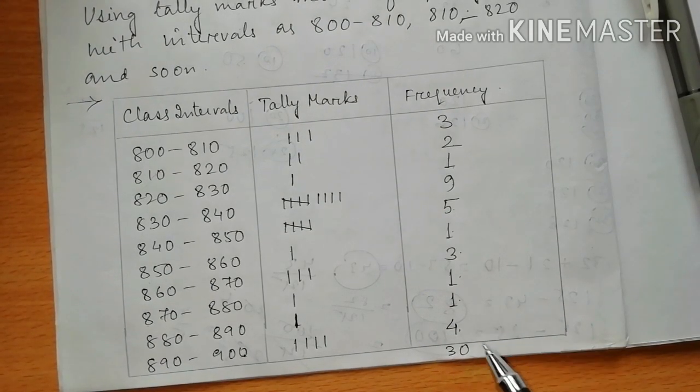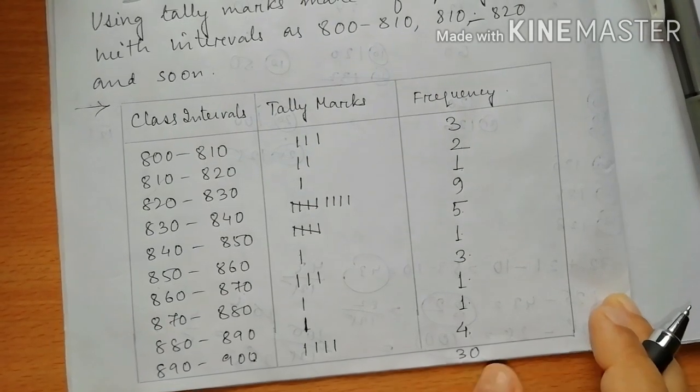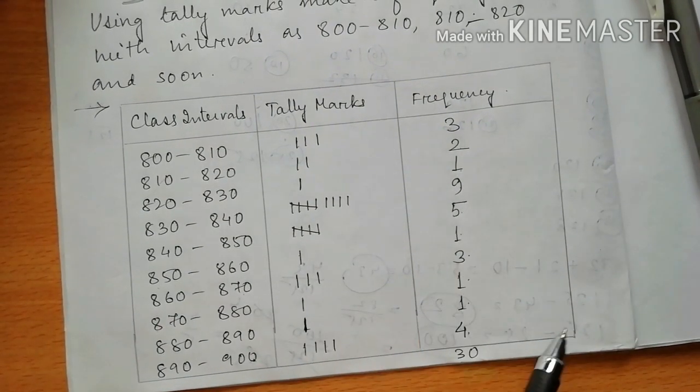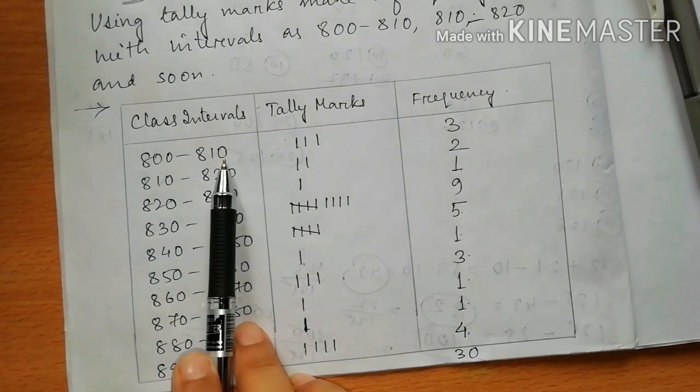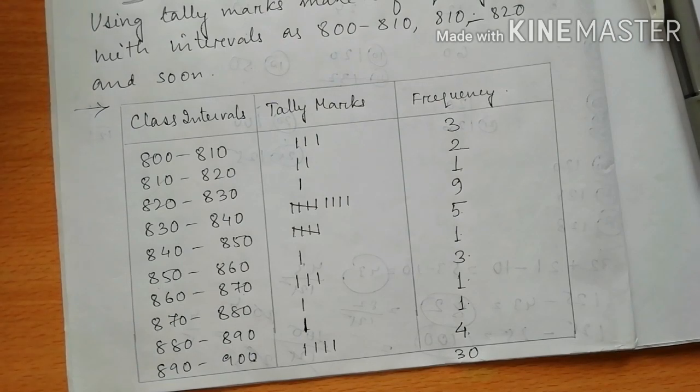So this is our frequency table using tally marks, and the intervals we have taken are 800 to 810 till 890 to 900.